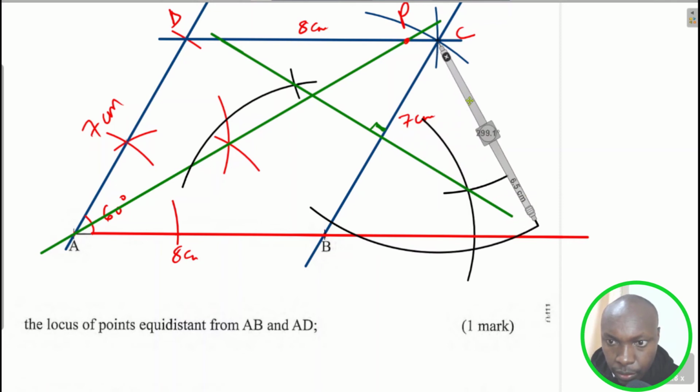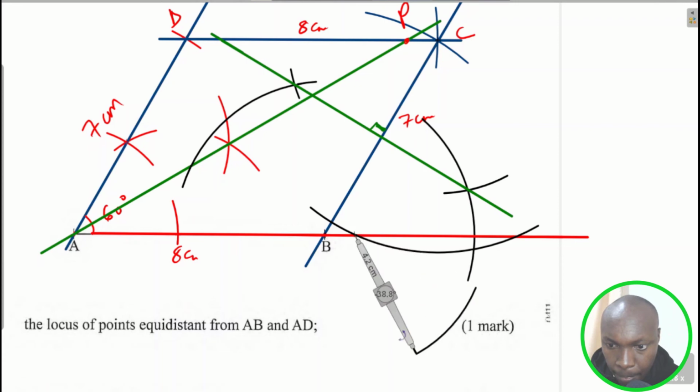Then you take the pair of compasses, and standing at the first point where the arc cuts that extended line, I mark an arc there with the same radius without changing. This is the point here, and then I cut that arc.